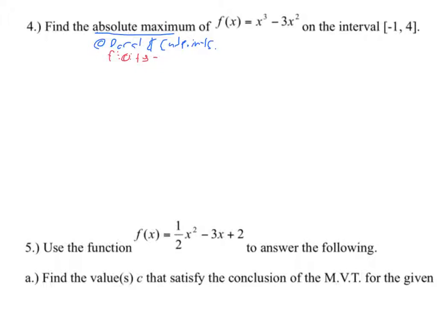So what is the derivative of this function? It is equal to 0. Well, both of these have a 3x. So I'm going to get zeros of the derivative at 0 and 2.